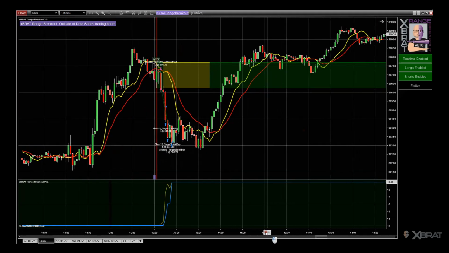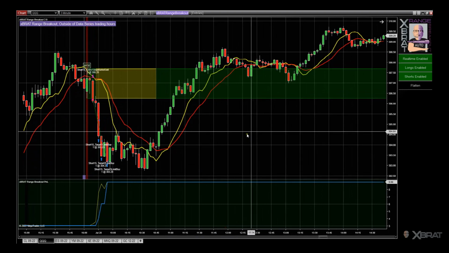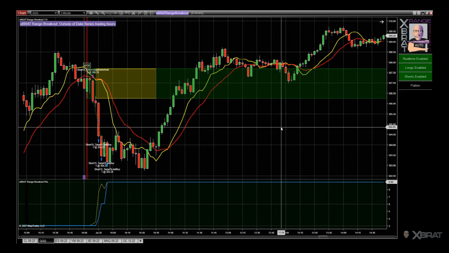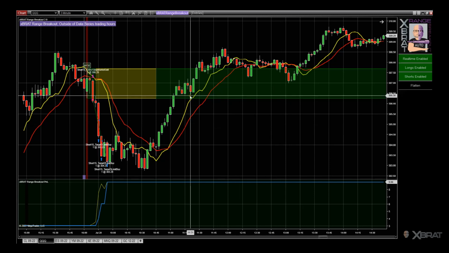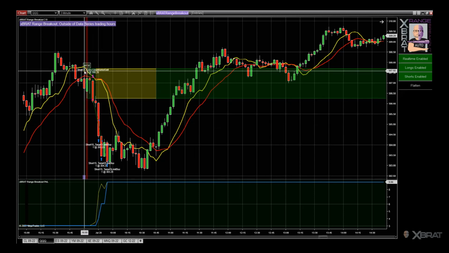One of the things we really look at right at the beginning of the session is a reversal. Our range breakout prints that initial range, and I'm using 3 minutes on both different indicators here just to show you, because we've only got a certain amount of time with the Qs, so we need to be down on that 3 minute, 5 minute sort of time frame to really get some moves.